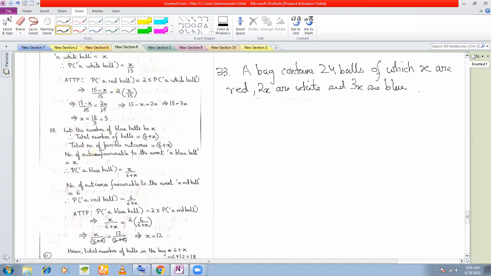A ball is selected at random. Find the probability that it is.